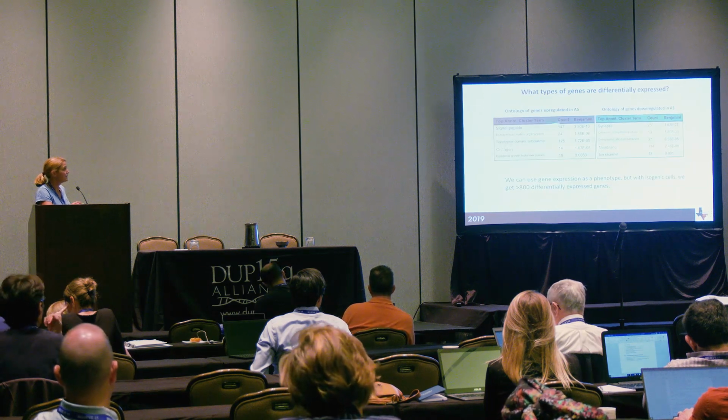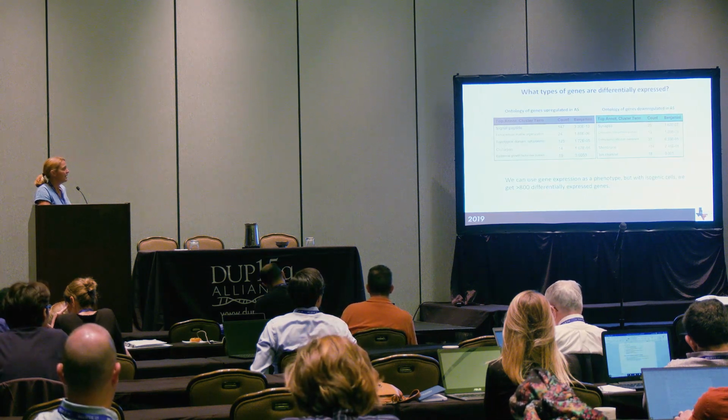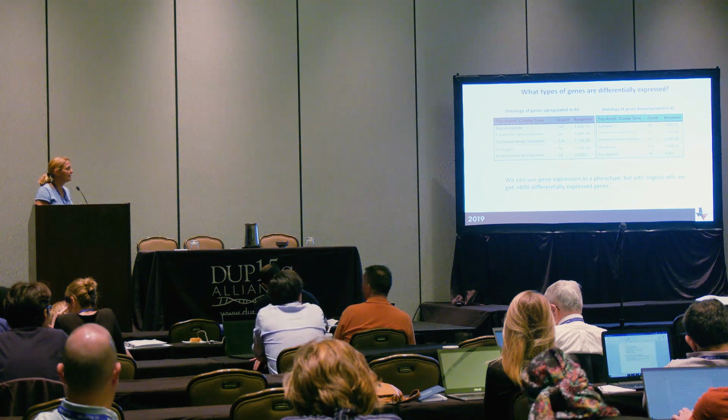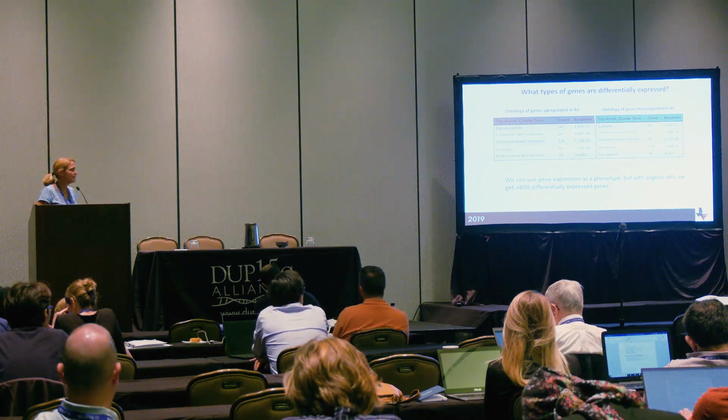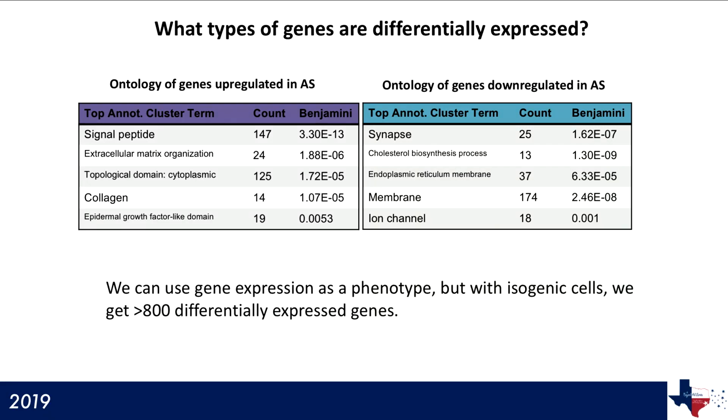So what types of genes are differentially expressed? And you know, there's 855 genes, and so what do you do with that information? And it is kind of hard. So ultimately, all we can do is ask what types of genes are upregulated and what types of genes are downregulated. And ultimately, the genes that we see downregulated are those involved in synapse development and whatnot, which largely suggests that the neurons are developmentally delayed, which is consistent with the electrophysiology.